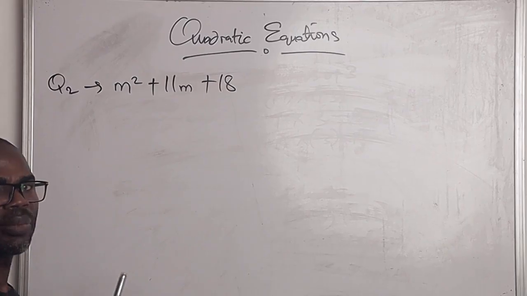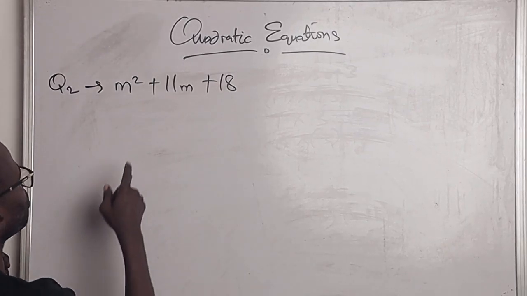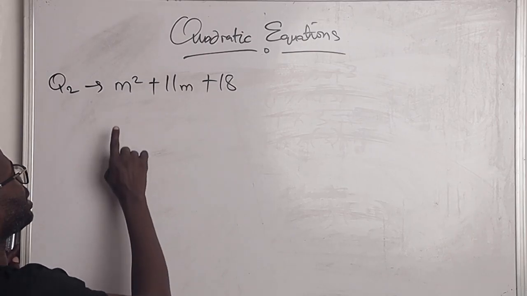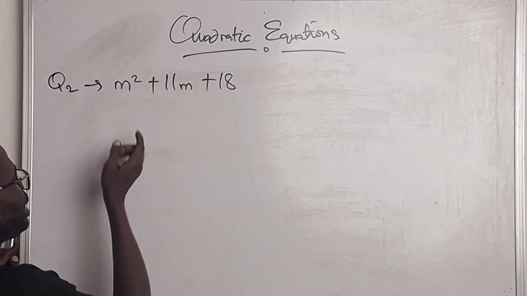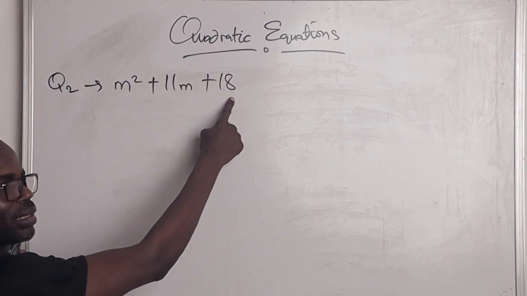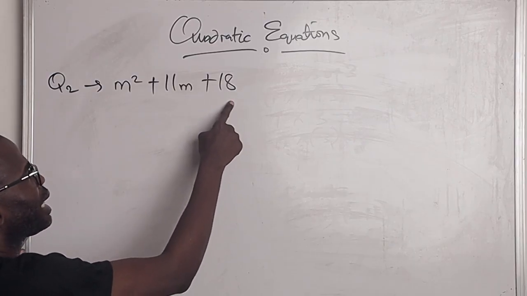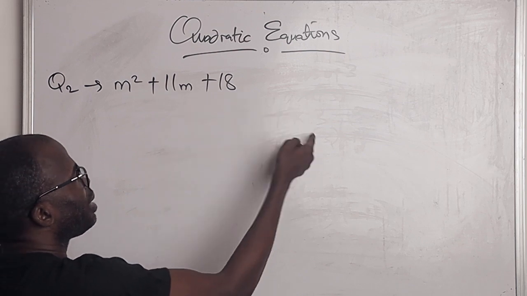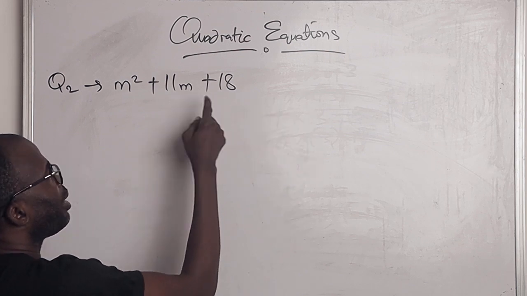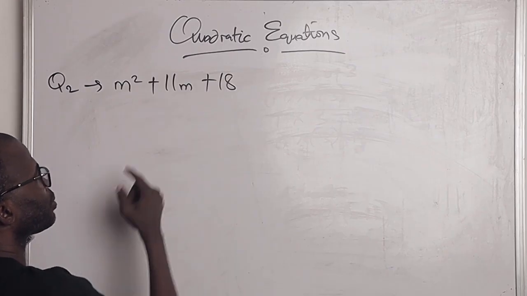I won't be wasting much time here because I've already shown you the nitty-gritty of how this is done. The first thing you look at is, okay, m squared is there, good. But what are the factors of 18 that when I multiply them, will give me 18, and when I add them up, will give me plus 11?